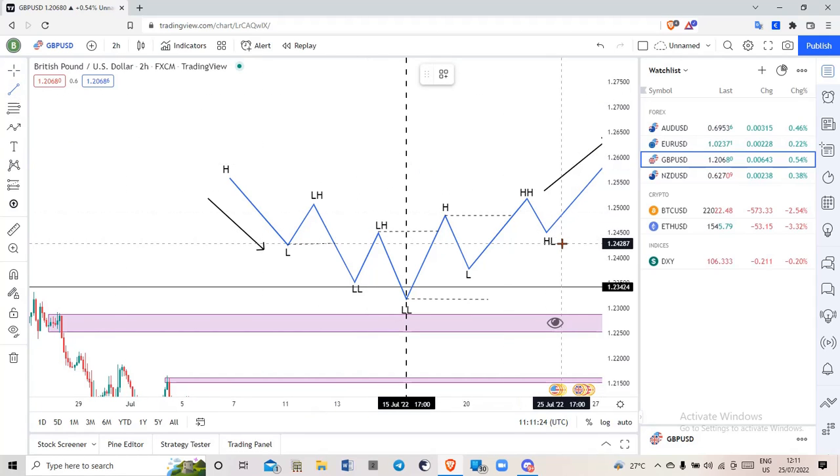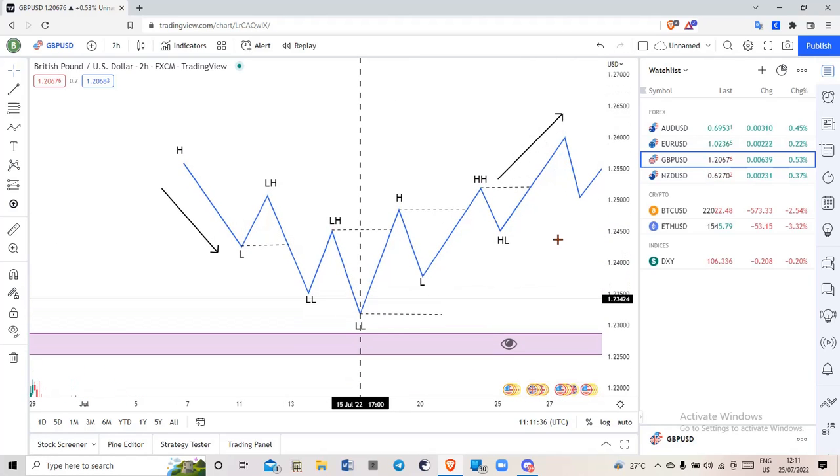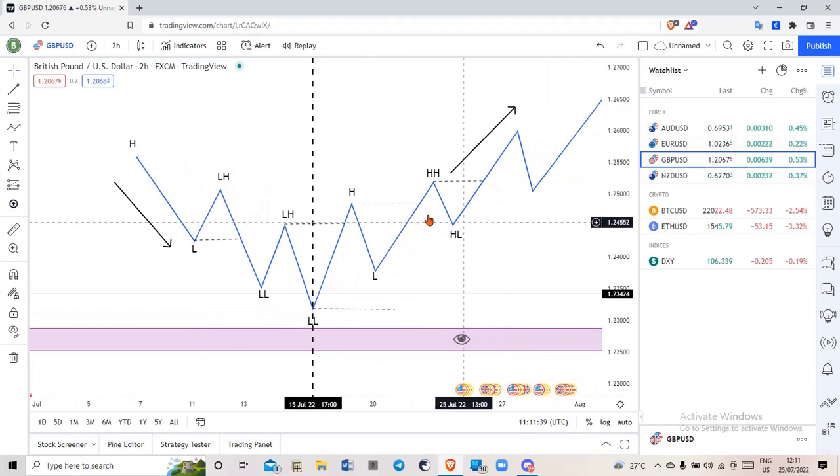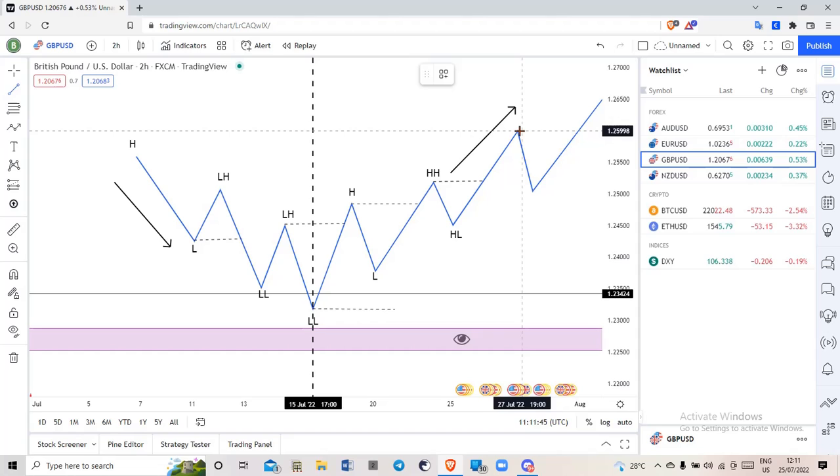Sometimes it might not be as neat as this, but your expertise will help you to identify the movement easily on the chart. So it's all about practice, practice, practice. The more you practice, the more you get to understand it.